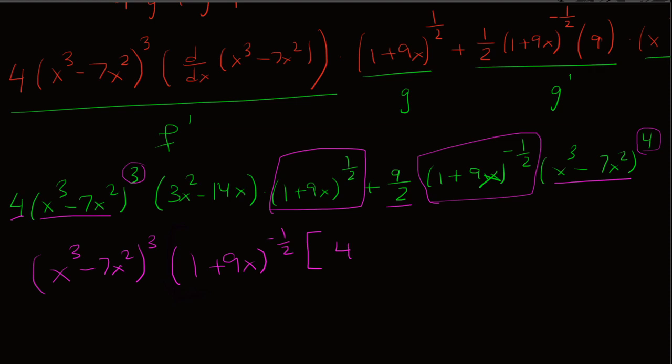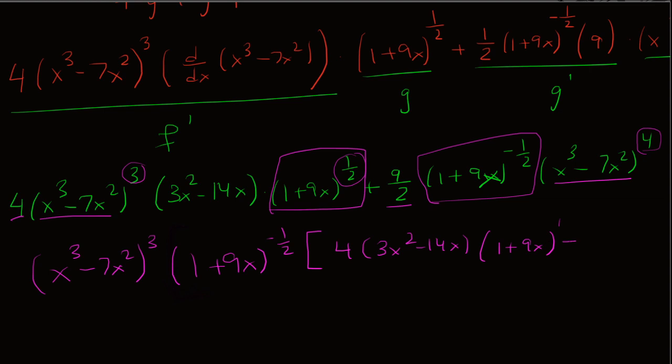So we have 4 times (3x squared minus 14x), and then plus, or actually before that, we need to multiply by 1 plus 9x, since this is to the positive 1/2 power. The difference between the 1/2 and negative 1/2 is just 1. That's why we're going to have 1 plus 9x to the first power here.